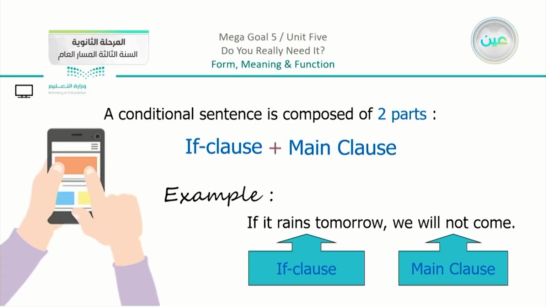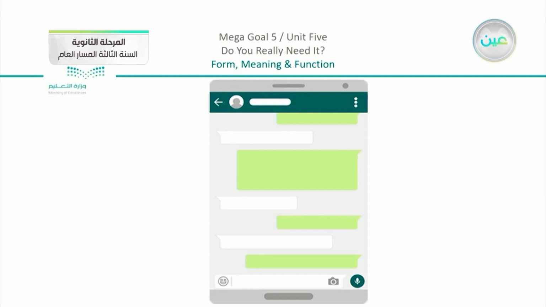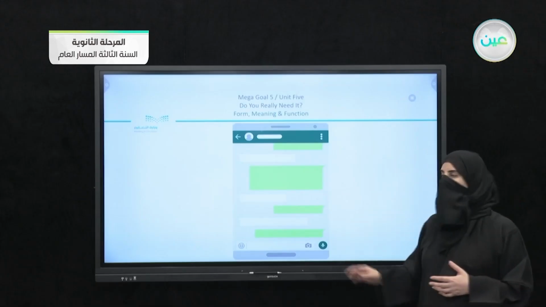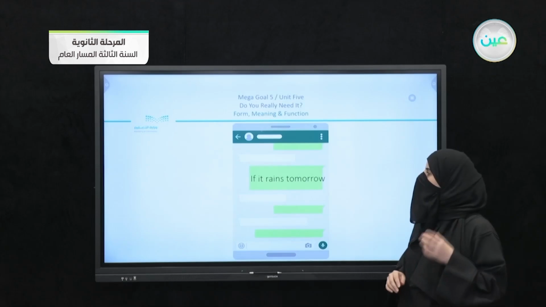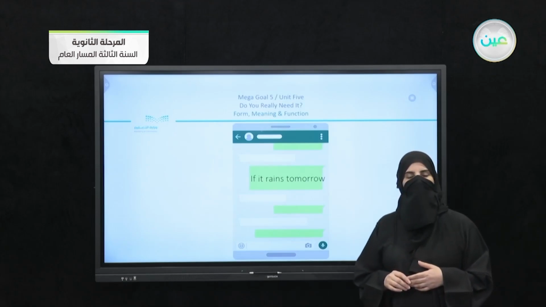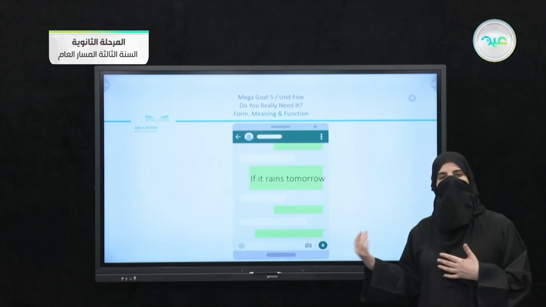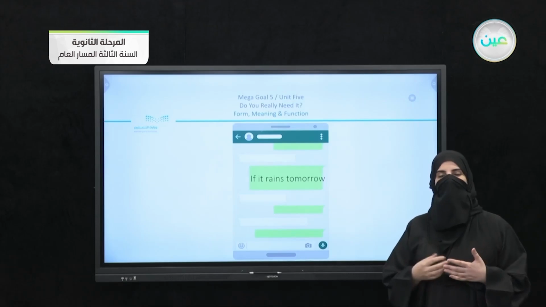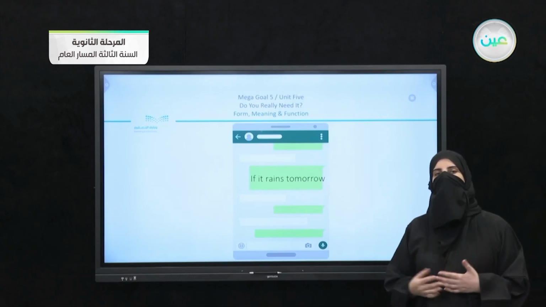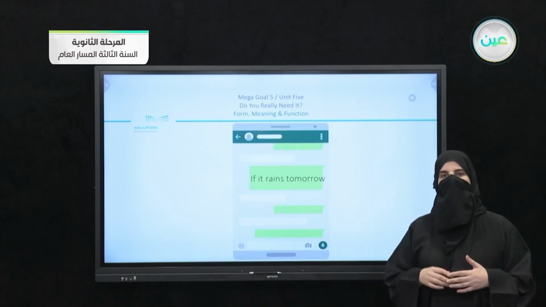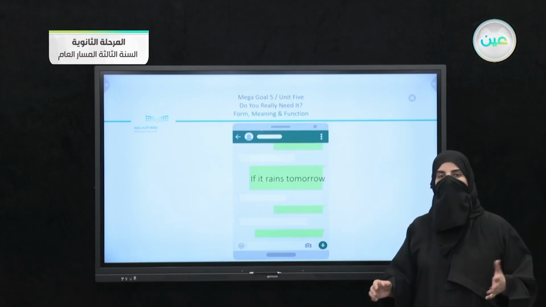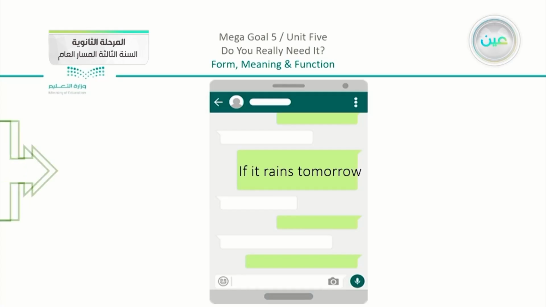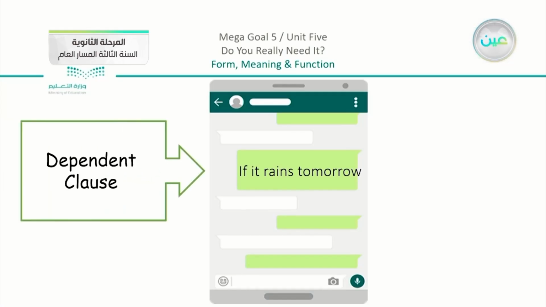We are going to just imagine that we have a kind of a chat in our phones. So just imagine that you have received a text message from someone, and this person just wrote for you, if it rains tomorrow. So if you just receive this message, if it rains tomorrow, here you would feel that there is something missing. So since there is no complete idea here, or there's no complete message, this is going to be the dependent clause.